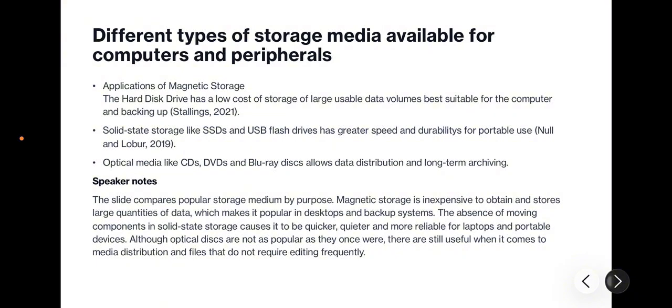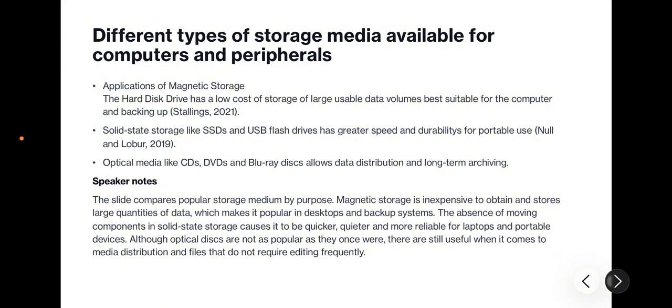This slide compares popular storage media by purpose. Magnetic storage is inexpensive to obtain and stores large quantities of data, which makes it popular in desktops and backup systems. The absence of moving components in solid state storage causes it to be quicker, quieter, and more reliable for laptops and portable devices.